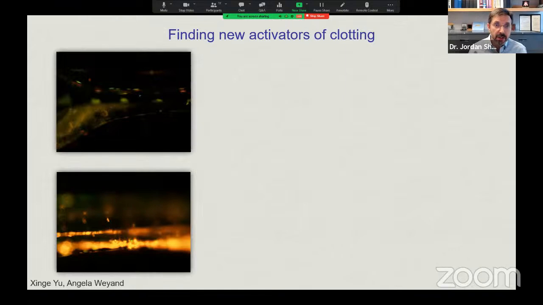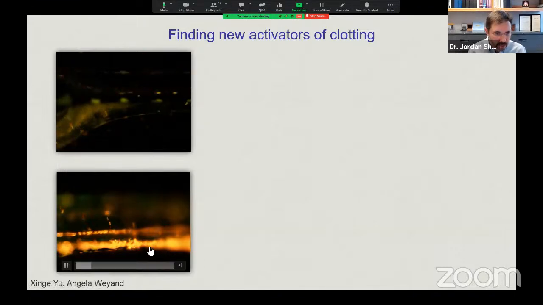So some of the things we do to find new activators of clotting using those multiwell plates I showed you earlier is we have our fish with our circulating fluorescent cells, the thrombocytes and red blood cells, and we look for fish here.